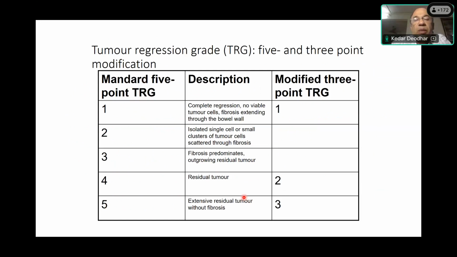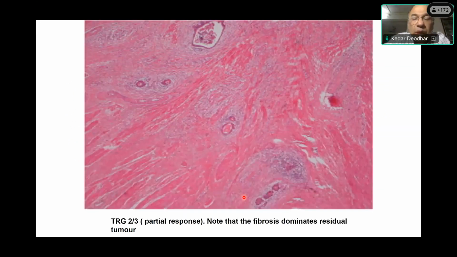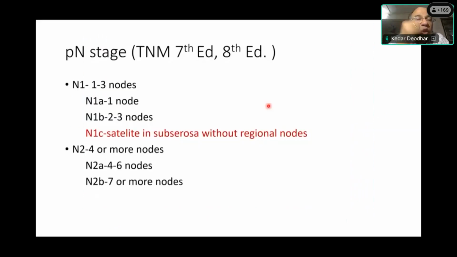So this is an example of TRG score 3 out of 5 or 2 out of 3. We have some tumor cells in the muscle coat here, so it could actually be YPT2. But much of the tumor, or at least a sizable part of the tumor, has been killed by the chemotherapy and radiation therapy.